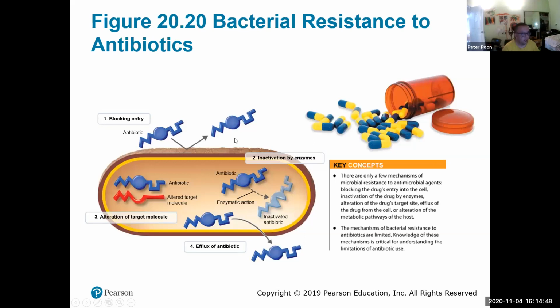So another important slide right here. You can either prevent the antibiotic from coming in, you can get rid of it as soon as it comes in, you can modify your DNA or your genes so that the target is no longer matched to the antibiotic, or you can just destroy the antibiotic as soon as it comes in.